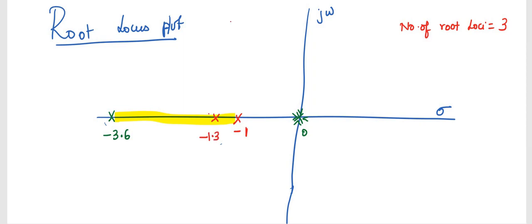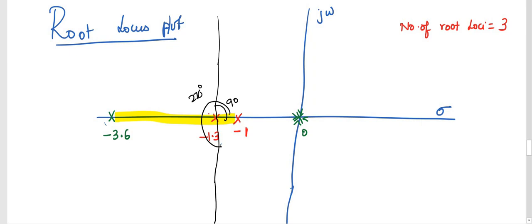Next I have to mark the asymptotes, that is 90 degree and 270 degree, straight lines. Here this is 90 degree and this one is 270 degree. Mark the asymptotes.